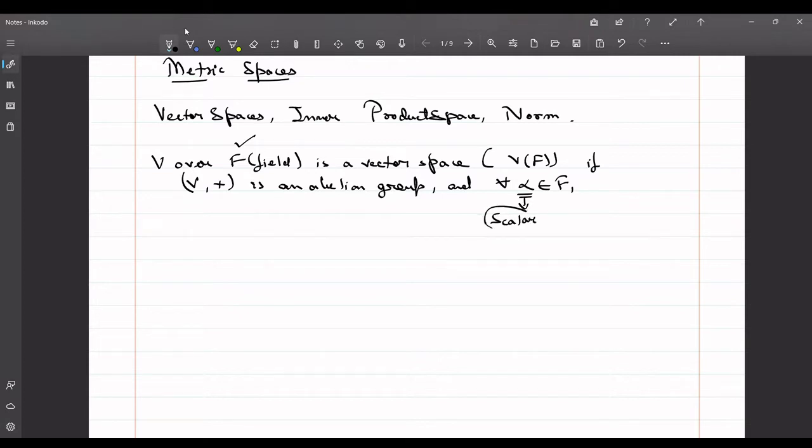Any element from the field is considered a scalar, and elements from the set V are treated as vectors.